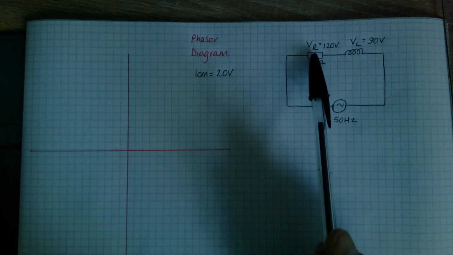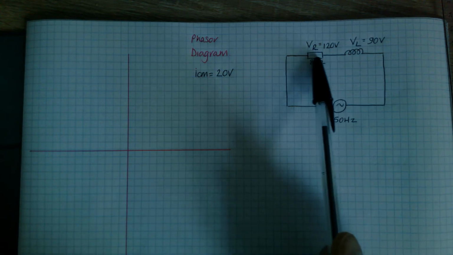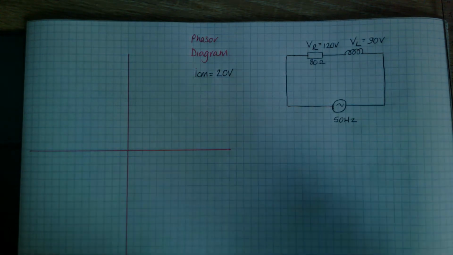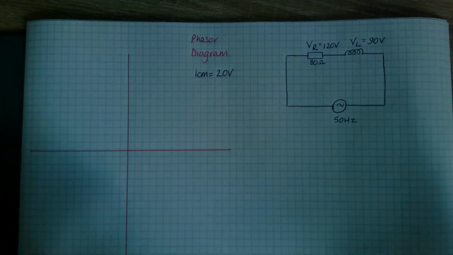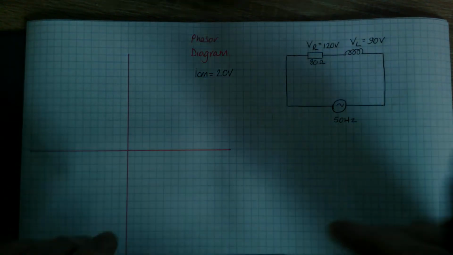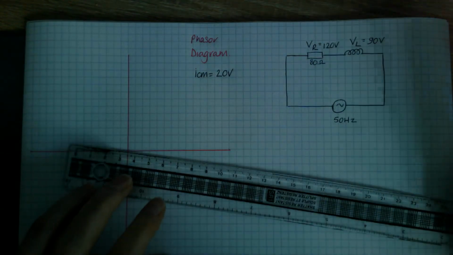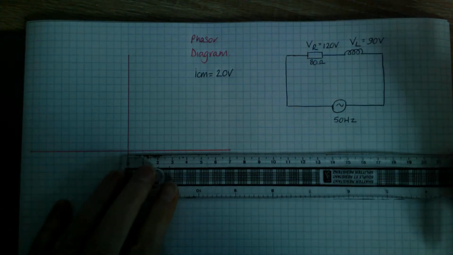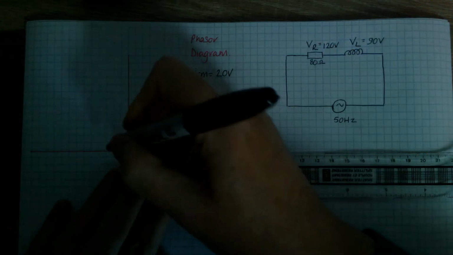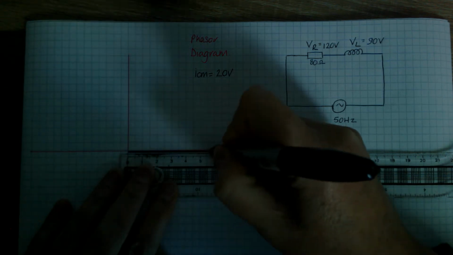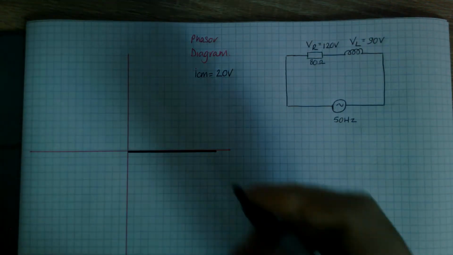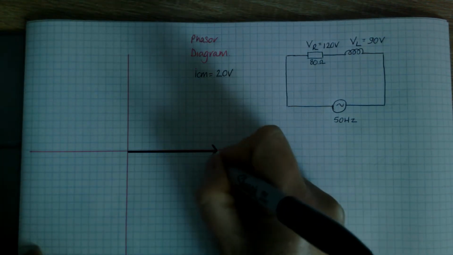So looking at my VR, if 1 centimetre is 20 volts, then my VR should be 6 centimetres. So I'm going to draw that out to the side, 6 centimetres long. That's my VR.